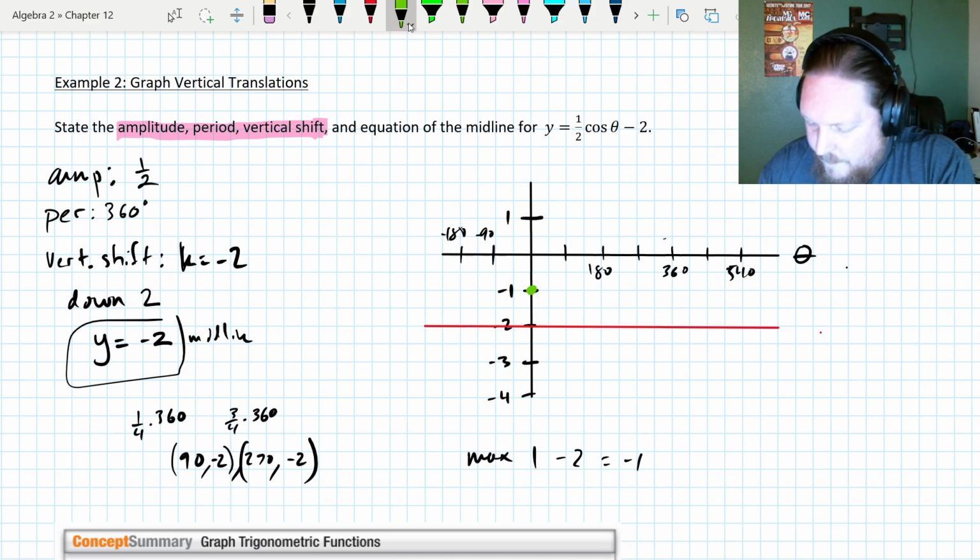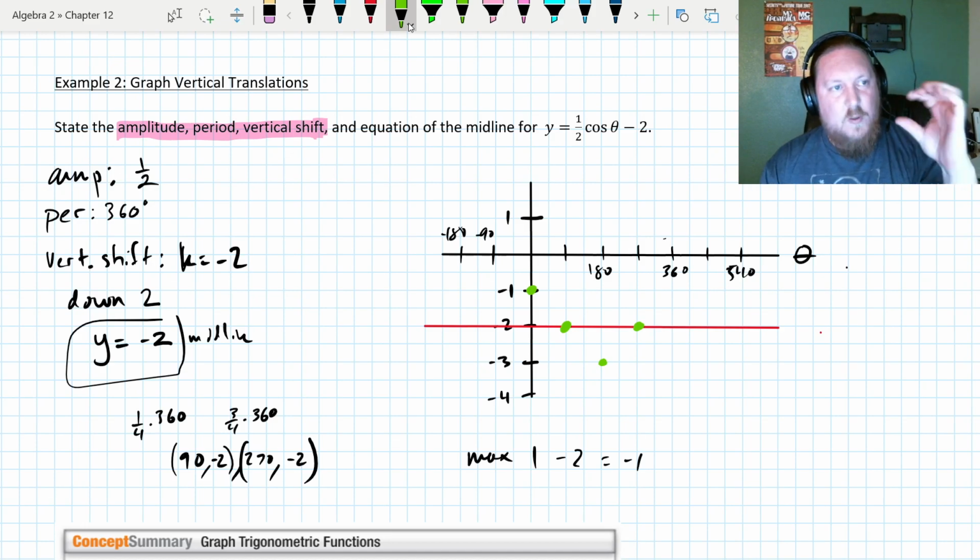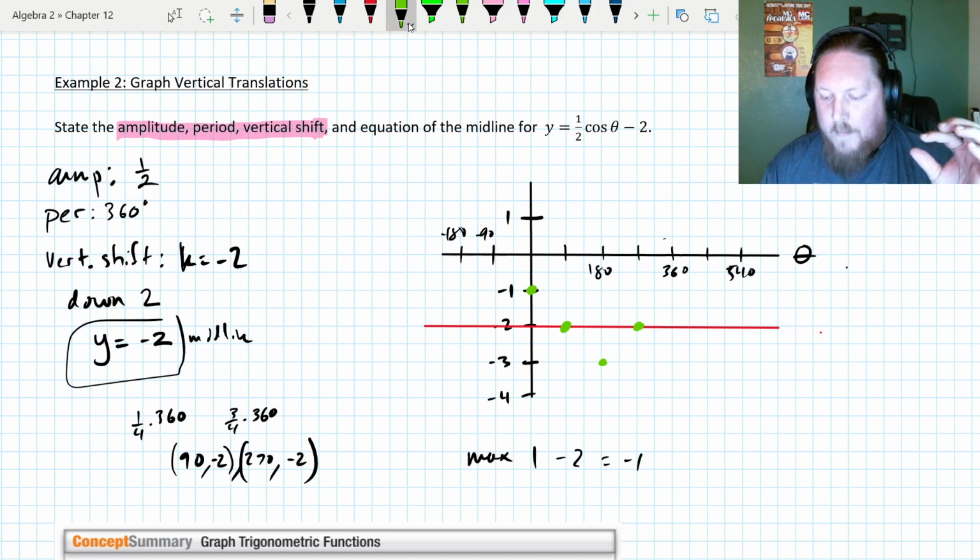Back to the graph. I got -1 as my max, and I want it to be the same shape, so I know it's going down, and I know it's going to cross this midline at 90, 1/4 of the period, and then it's going to cross the midline again at 270. Halfway in between that should be going down to the bottom, and if the amplitude is 1/2, I should be above and below the midline by that much on the graph.